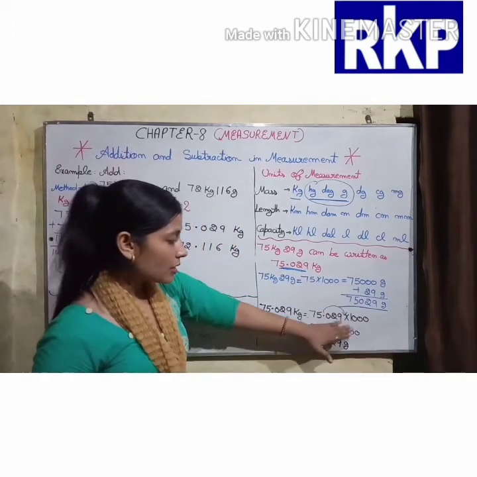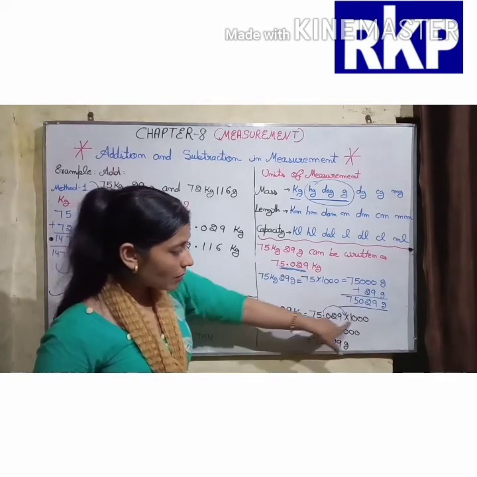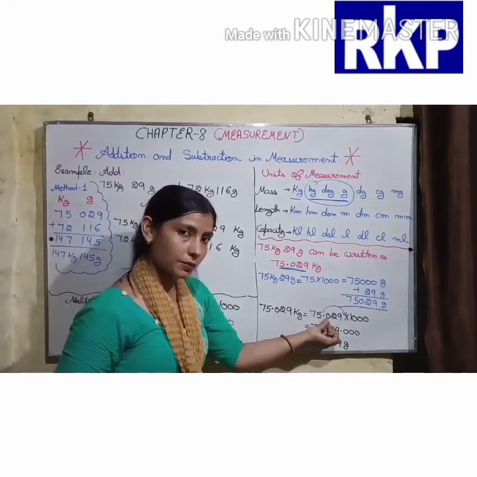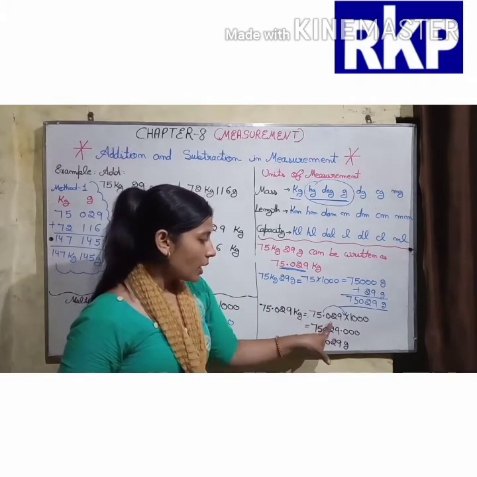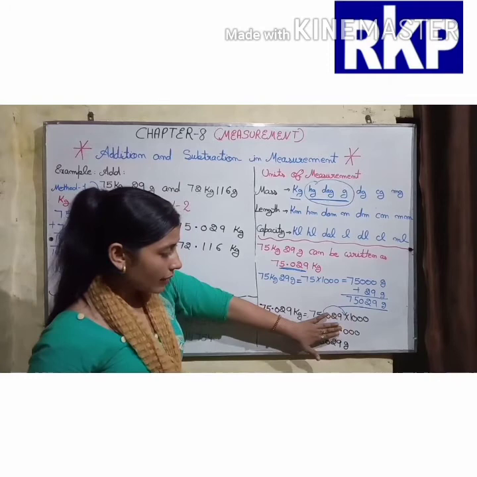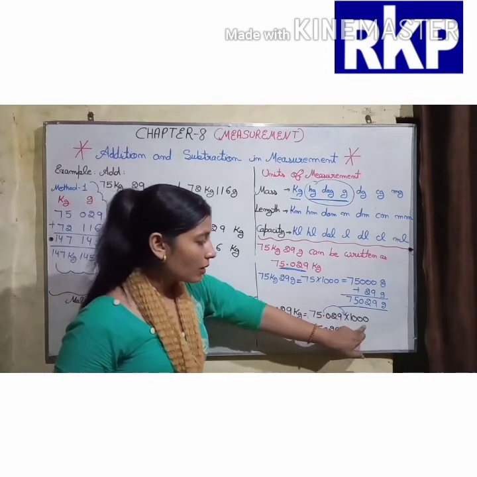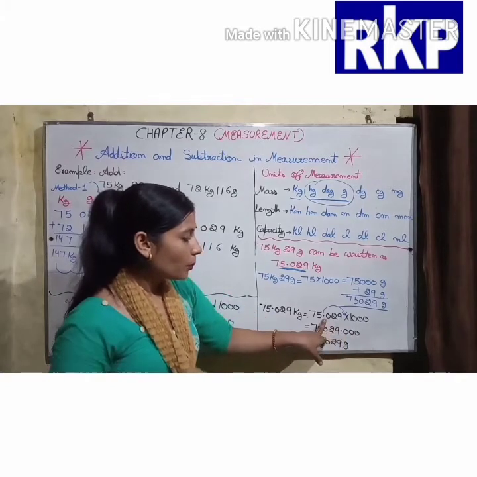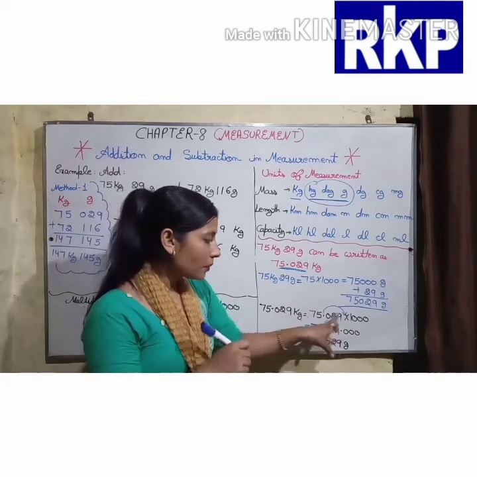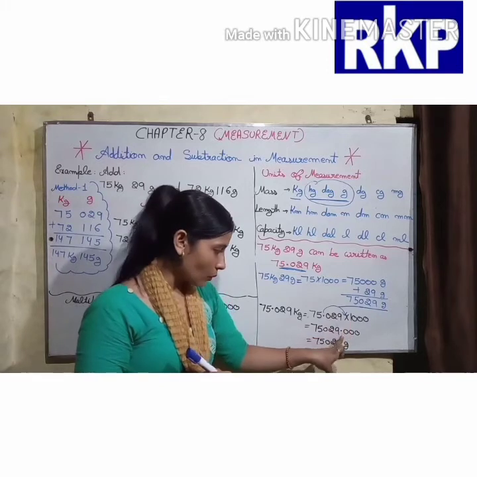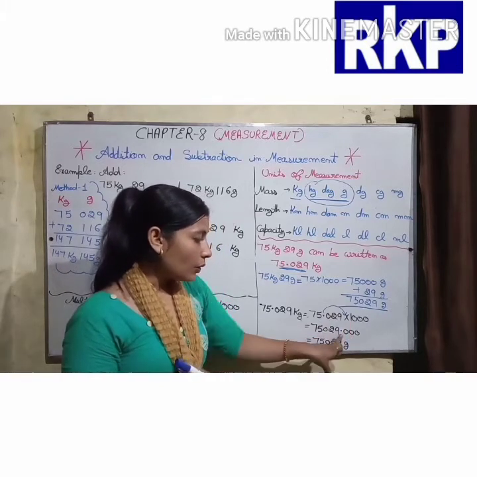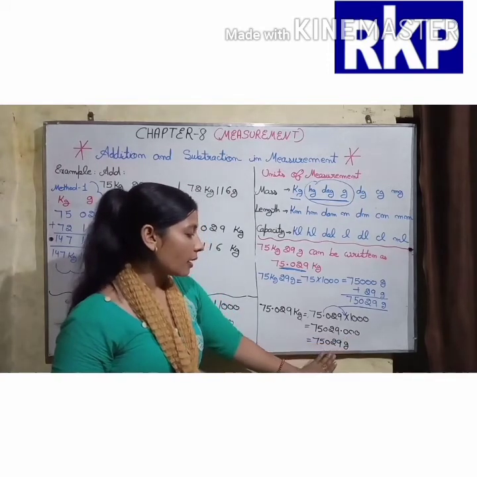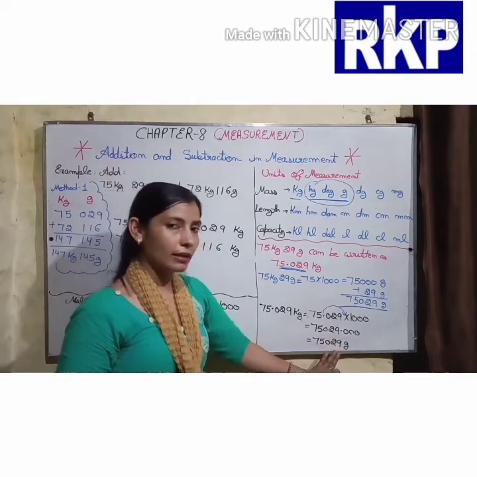First we multiply this number with 1000, so we forget this decimal point. 75,029 we write as it is, then multiply 1000, and after that we put the decimal point after this 9. We know there is no value of zeros after this decimal point, so we can write this only like this also.